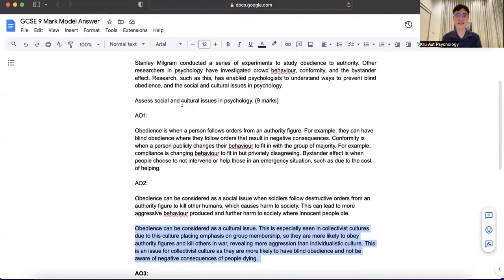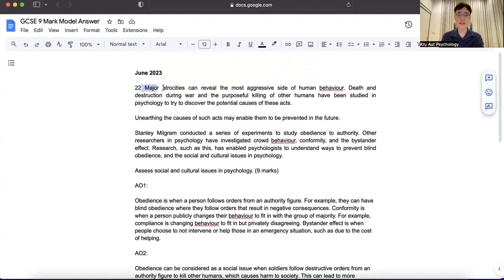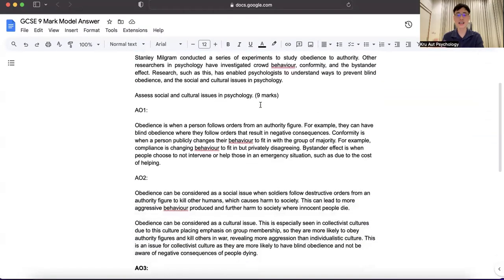In terms of obedience, there's higher obedience in collectivist culture compared to individualistic culture, and we spot how that's a problem. When there's more obedience, it means people are more likely to obey authority figures, people with higher status than us, and it leads to harm, it leads to war, aggressive behavior, and killing of people and people dying, right? That's how we explain it as a cultural issue and state which culture it's problematic for.